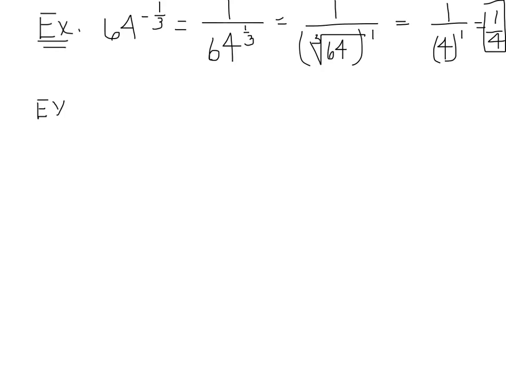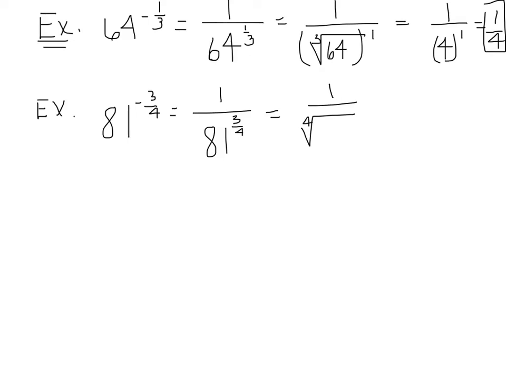So even if you had something like this, you want to write it like this first to get rid of the negative. And then you can, 4 is the root, 81 is the base, and I'm raising that all to the third power.